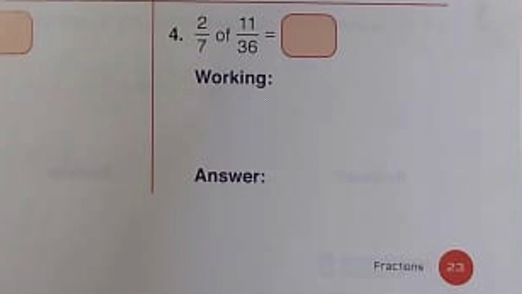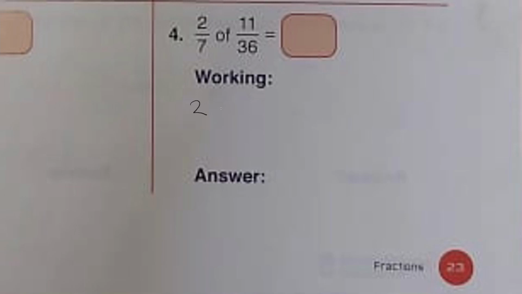Okay, so now we have 2/7 of 11 over 36. So how do we do this one? Okay, let's start.